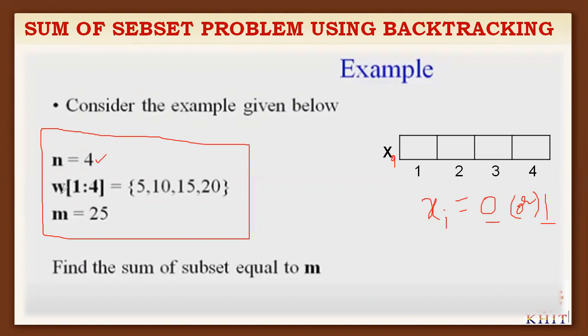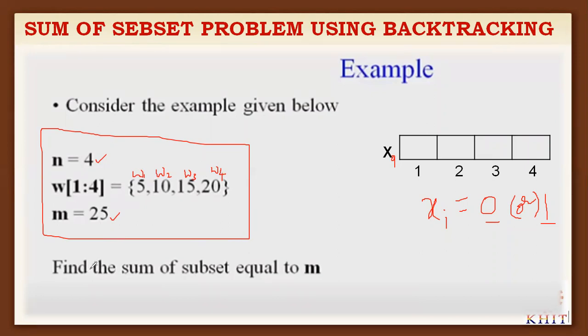Here the weights of all four elements are given. The weight of the first element is 5, the second is 10, the third is 15, and the fourth is 20, and the total, m, is 25. The sum of the selected values must be exactly m.